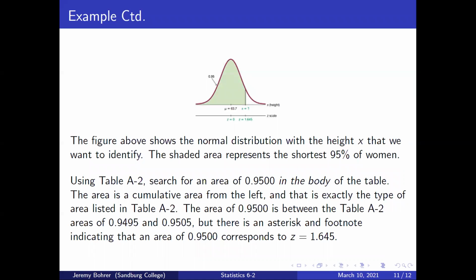The area is a cumulative area from the left, and that is exactly the type of area listed in table A2. The area of 0.9500 is between the table A2 areas of 0.9495 and 0.9505. But there is an asterisk and footnote indicating that an area of 0.9500 corresponds to z equals 1.645.